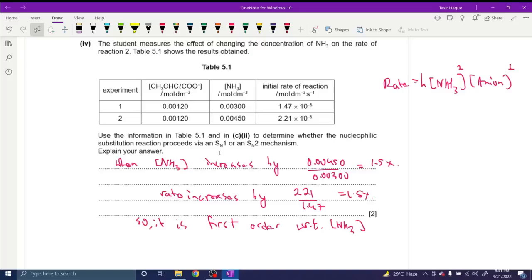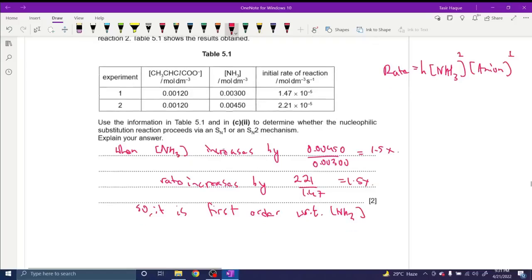If the rate depends on the concentration of both reactants, then it's an SN2 reaction. Typically, primary halogenoalkanes undergo SN2. And one more thing: if it was an SN1 reaction, the rate would only depend on the halogenoalkane, not ammonia.